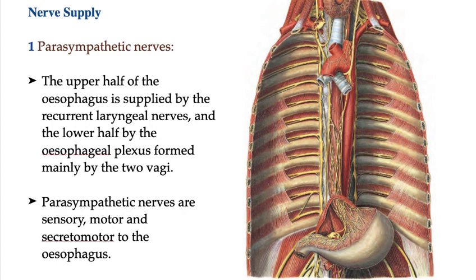Nerve supply. The parasympathetic nerves: the upper half of the esophagus is supplied by the recurrent laryngeal nerve, the lower part by the esophageal plexus formed by the two vagi. The parasympathetic nerves are sensory, motor and secretomotor to the esophagus.